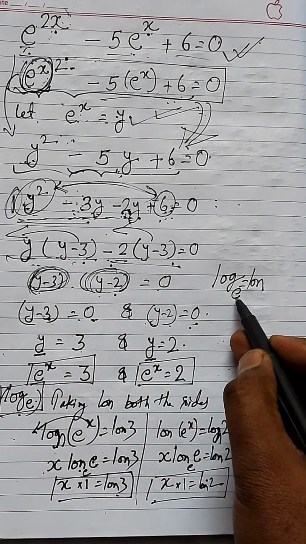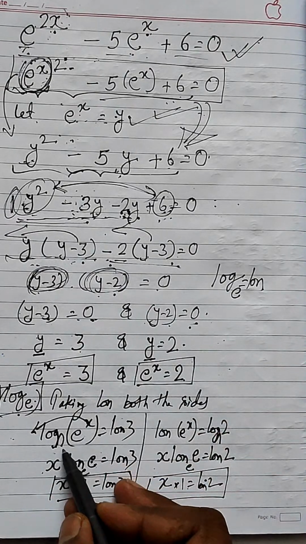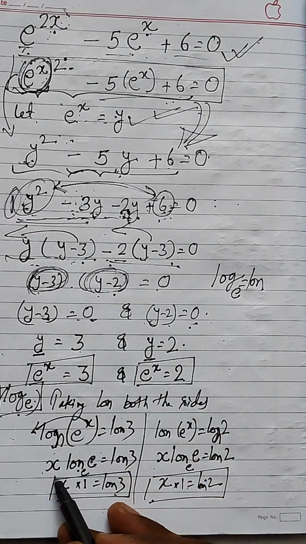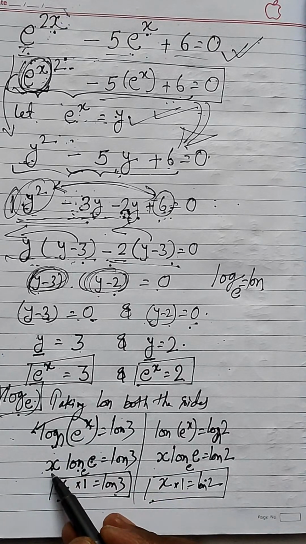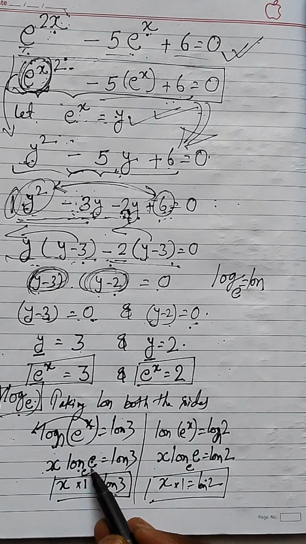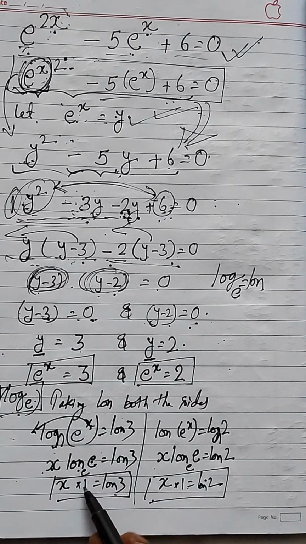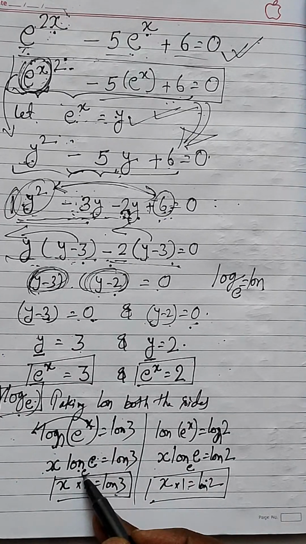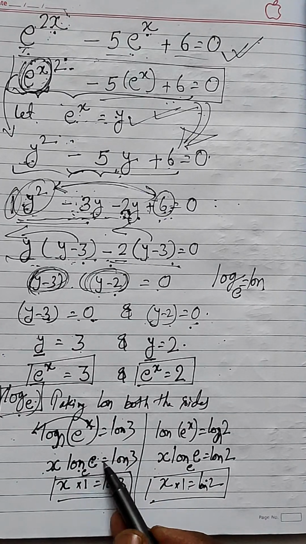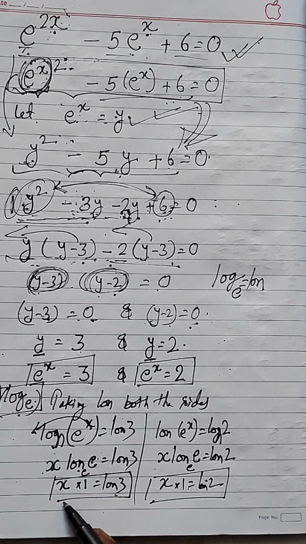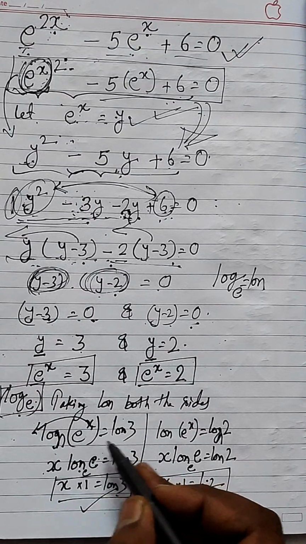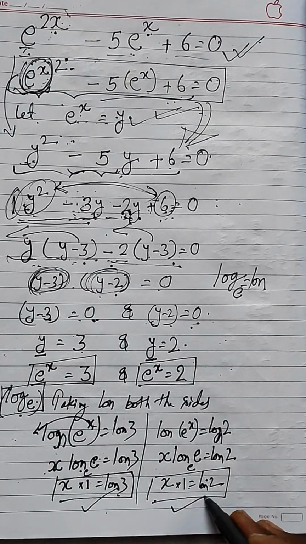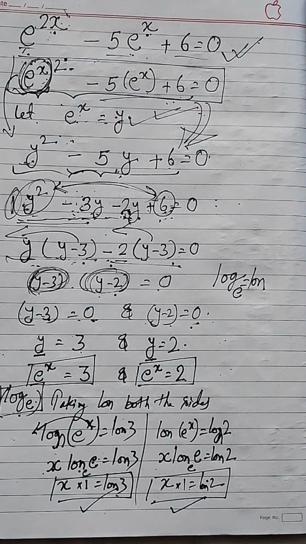So we have taken the ln because here the exponent x will come into the prefix, and ln of e will be left. ln of e, that is log of e base e, will be coming as 1. So we are getting x as ln 3 because we have taken ln on both sides, and x as ln 2. This is our answer.